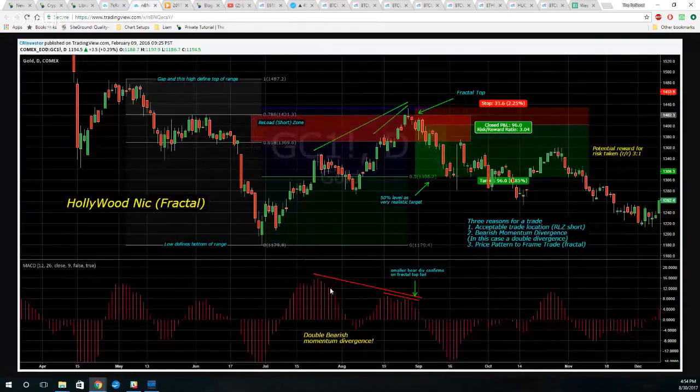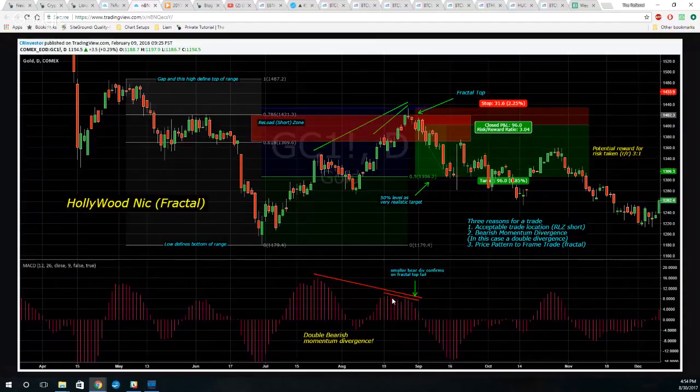In this particular case, you can really see the push higher into this shorting zone was definitely on a weakening momentum in price itself. I really like using the MACD histogram as sort of a raw momentum push. So reason number 2 is, in essence, what we want to see is some sort of divergence in our momentum indicators.